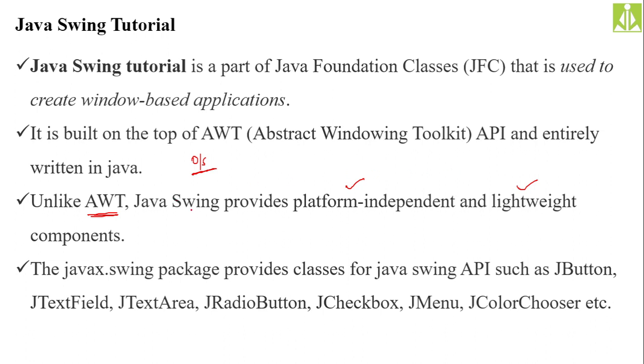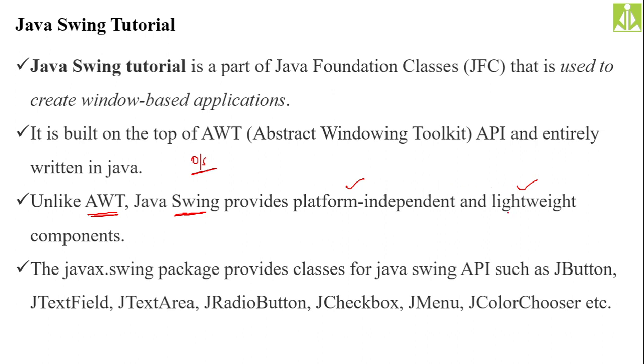Such a thing is not there in your Swing API. Whatever application you develop using this Swing API is not going to interact with the operating system resources or operating system components directly. Because of that reason, it is platform independent, as well as lightweight in nature.